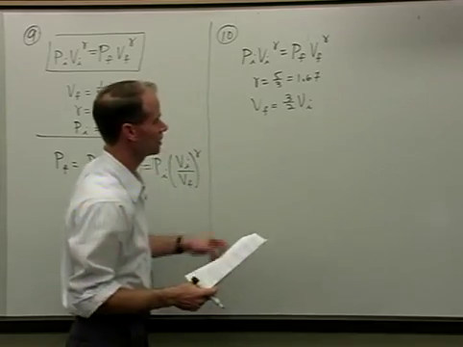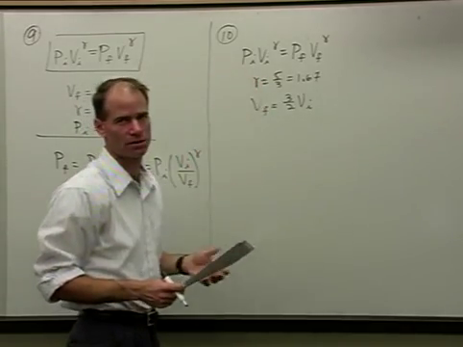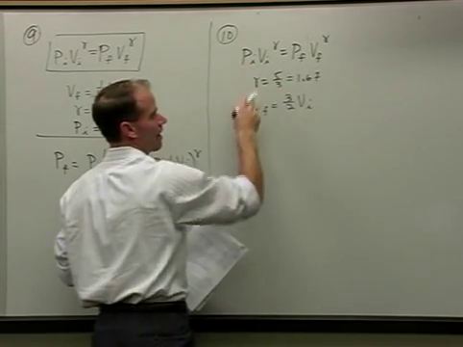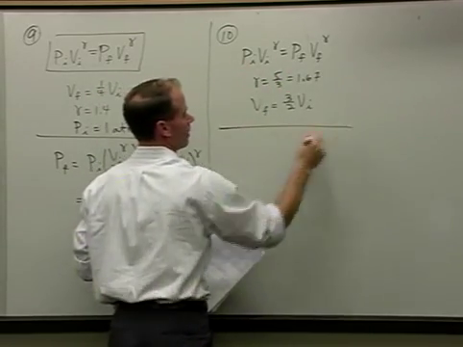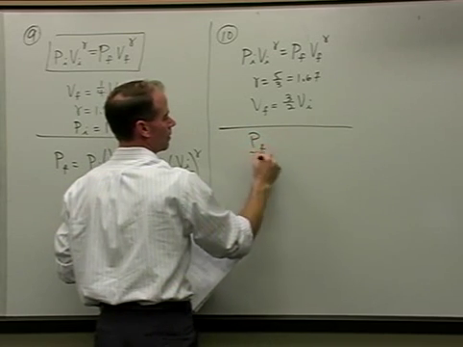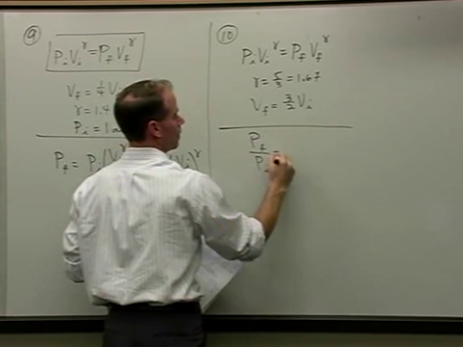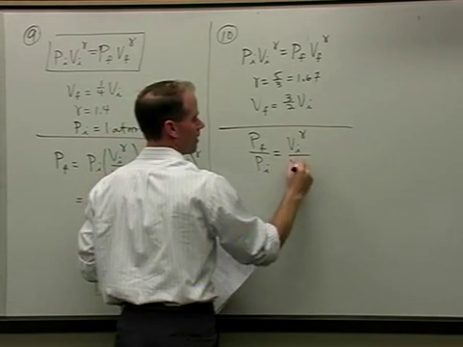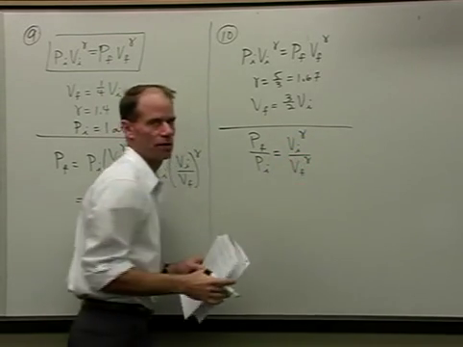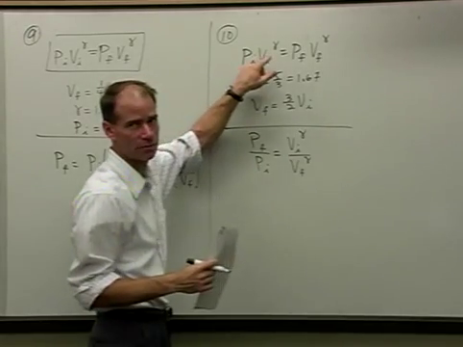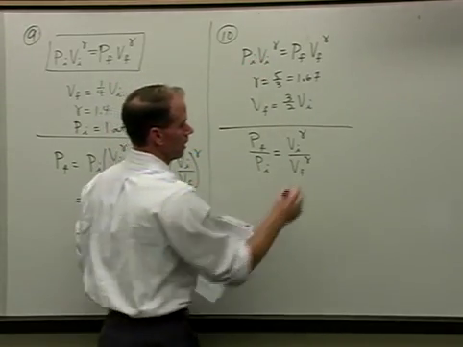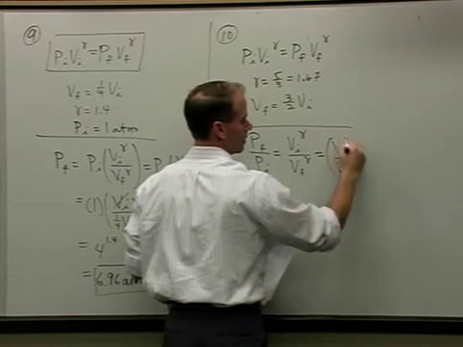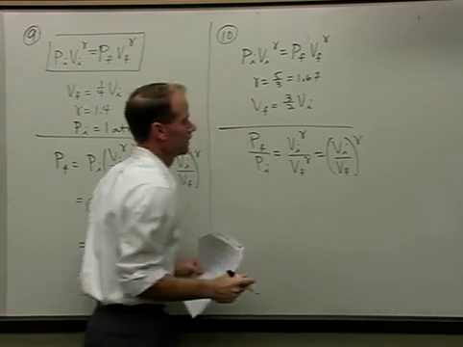So let's get a ratio of the final pressure to the initial pressure. Divide both sides by P initial, bring V final over here. So we have P final over P initial will equal V initial to the gamma divided by V final to the gamma. Just rearranging this original equation up here. So that's going to be V initial divided by V final to the gamma power.